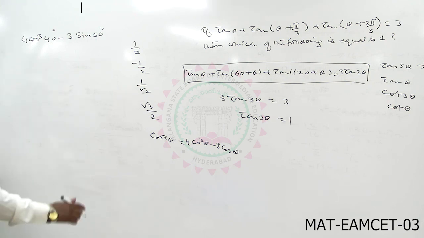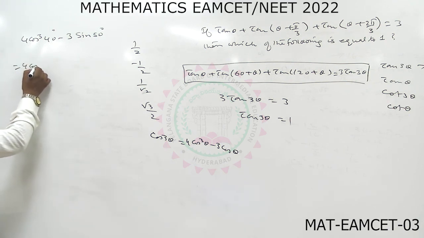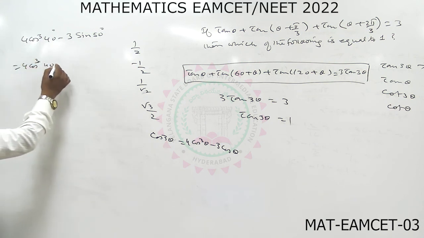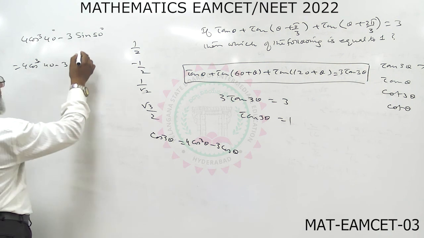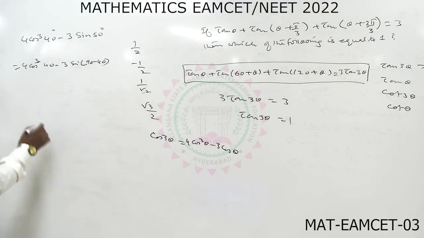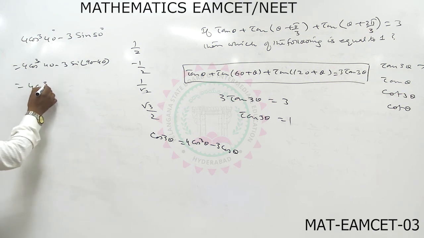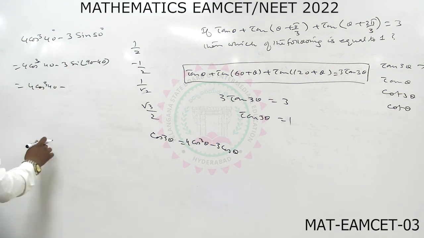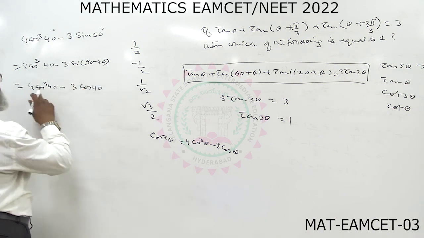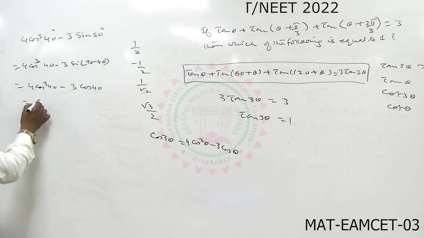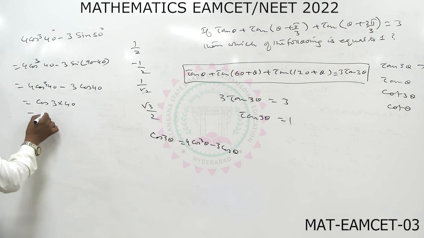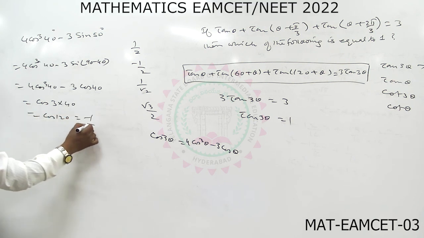So what I am doing, this is equal to 4 cos cube 40 minus 3 sin 50, and 50 can be written as 90 minus 40, so 4 cos cube 40 minus 3 sin of 90 minus 40, and sin of 90 minus theta is equal to cos theta. So it is in the form of 4 cos cube A minus 3 cos A, nothing but cos 3A. What is A? 40. So cos 120. Therefore the answer is minus half.